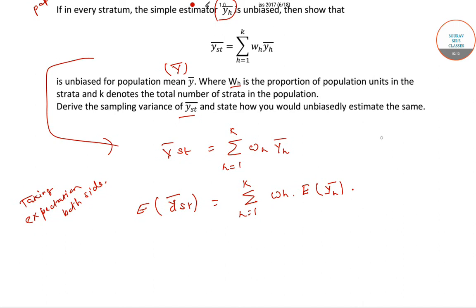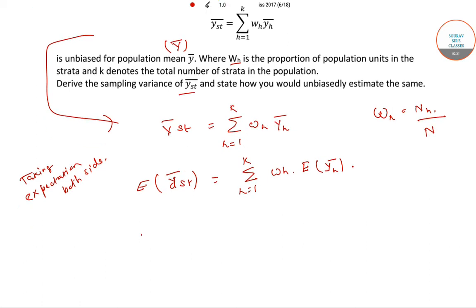Now this Wh is the proportion of population units in the hth strata, so Wh is equal to Nh, where Nh is the population units of the hth strata, divided by capital N.